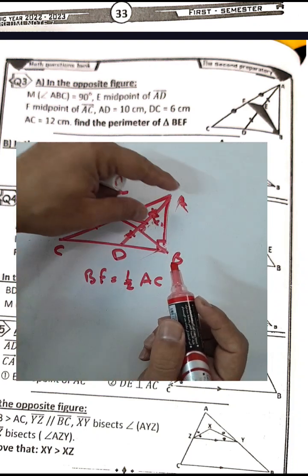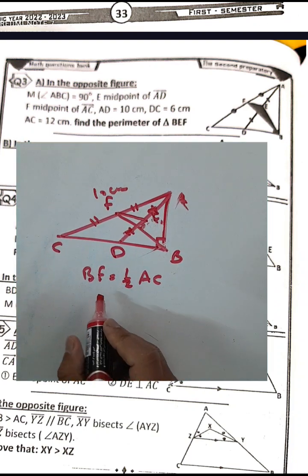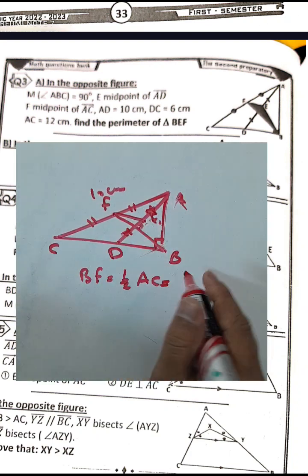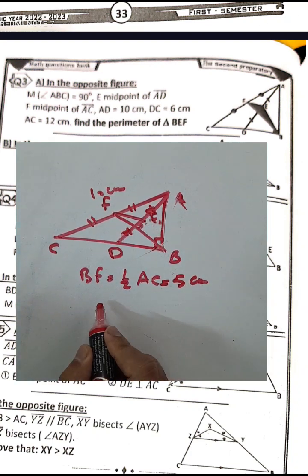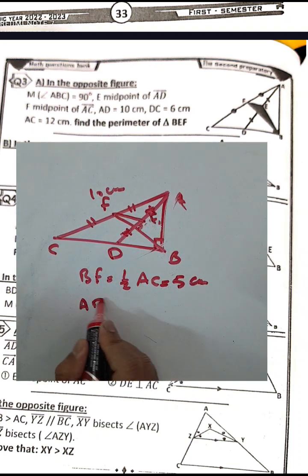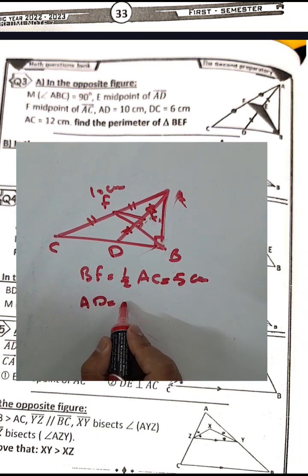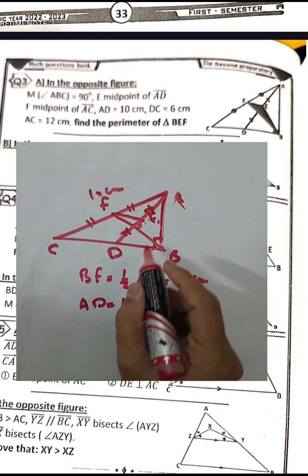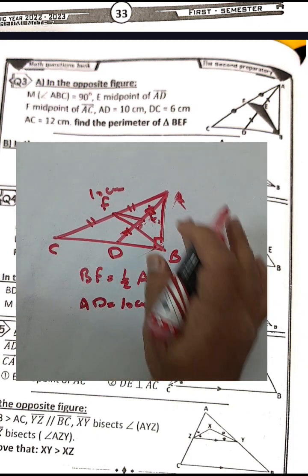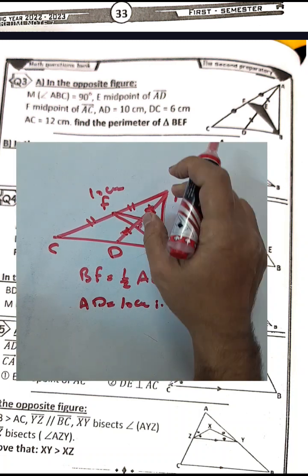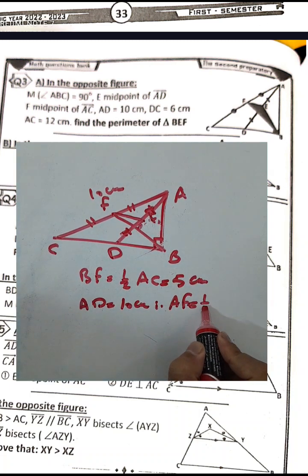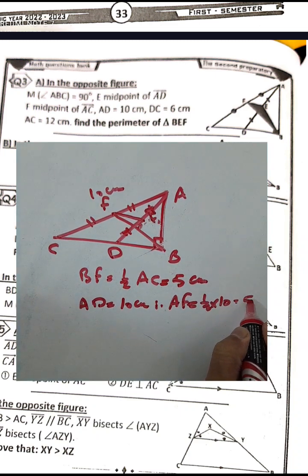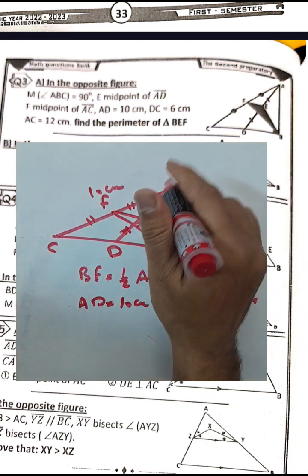It's AF half of AD. Okay, again BF half of hypotenuse will be 5 centimeter, and he gives us AD was 10 centimeter. Then AF here half of side length, half 10, it will be 5 centimeters. This part will be 5. Okay, and here 6.